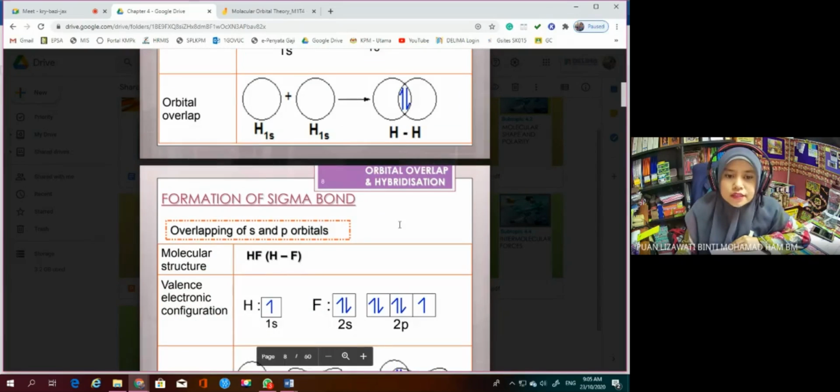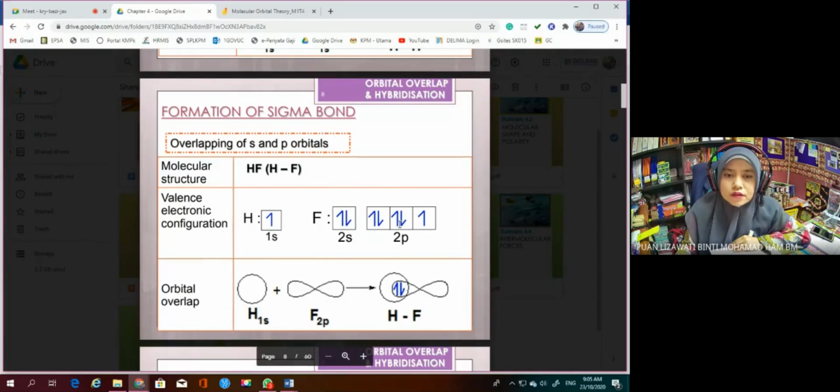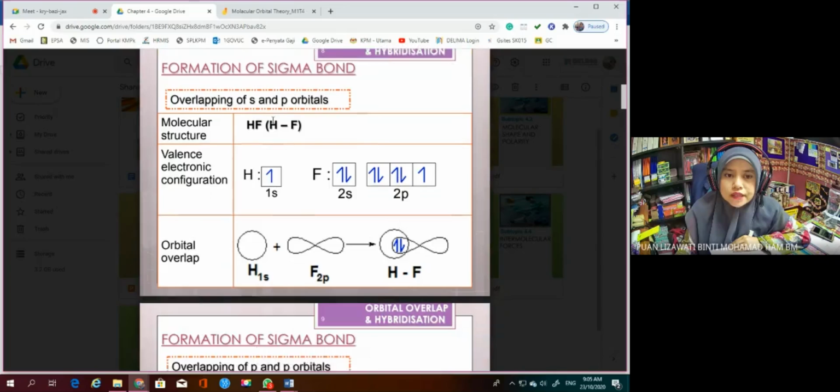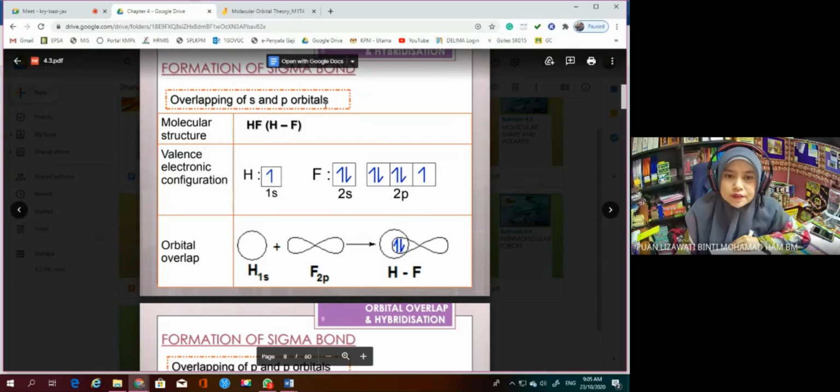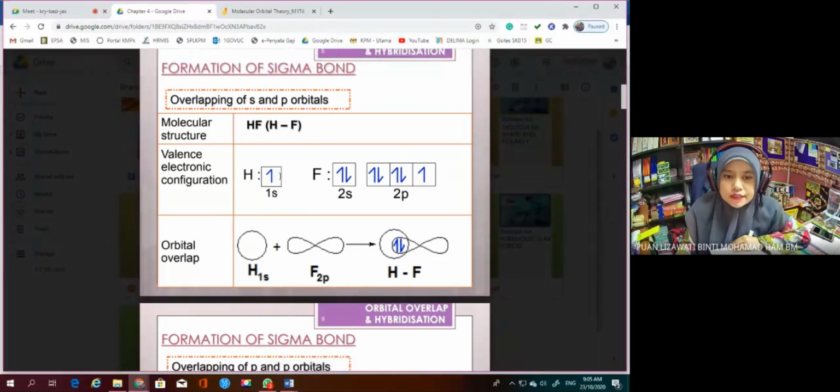Another example can occur between overlapping of s and p orbital, for example the HF molecule. Hydrogen has one valence electron, located in 1s. Fluorine has 7 valence electrons, and it needs one more electron to achieve octet.